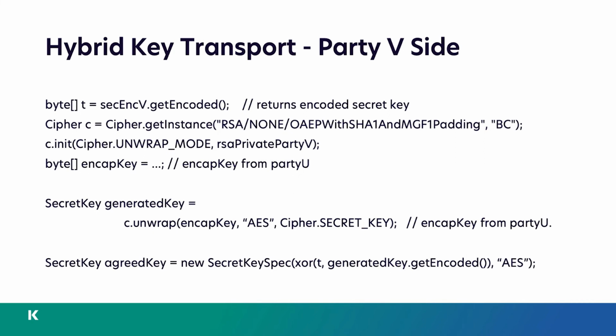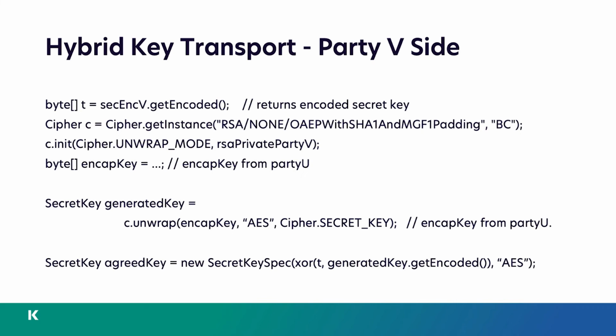And we'll now have the encapsulated key from party U, and we'll unwrap this using the unwrap method, and we'll plug in the encapsulated key, the algorithm that was used to generate this encapsulated key, and we'll specify which type of key it is, and in this case it's a secret key.